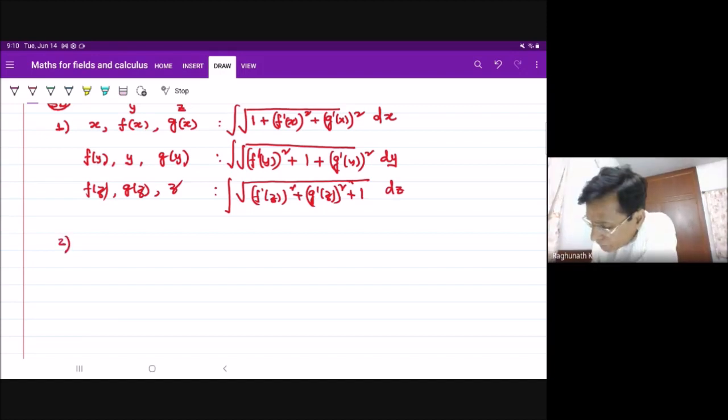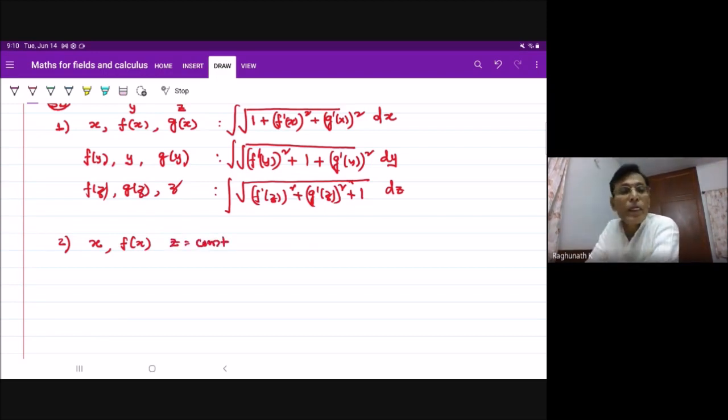Second case, x, f of x, z is equal to constant. On a constant z plane, it can be a function x, f of x. It's a graph.